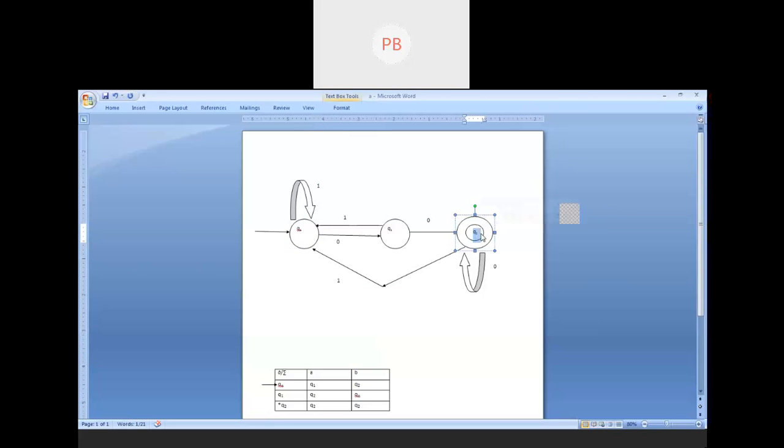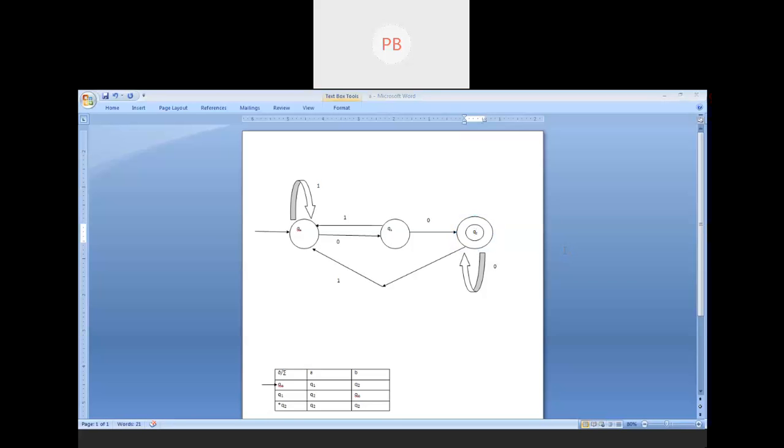This is the starting state, this is the final state. From the starting state we have the first input symbol 1, and using 1 we reach the same state. This is a circular loop. Then we have 0: using 0 from q0 to q1, then again using 0 from q1 to q2, and we complete the traversal of the string and reach the final state.